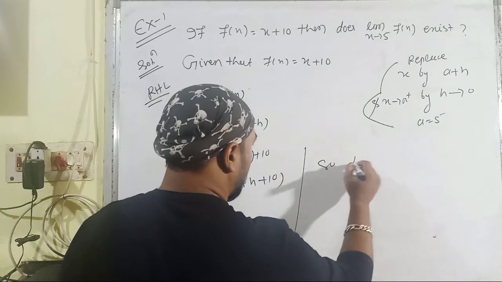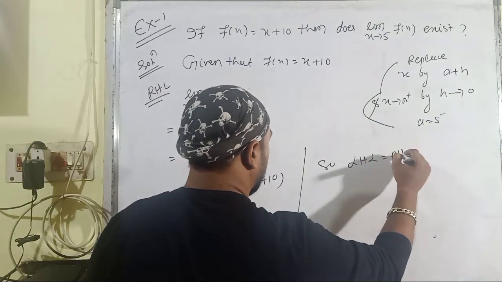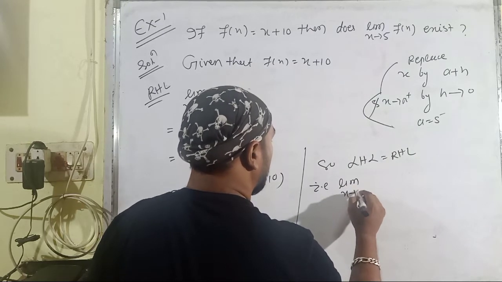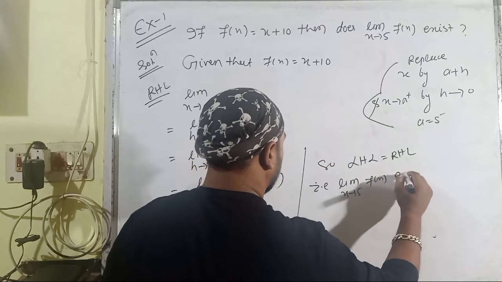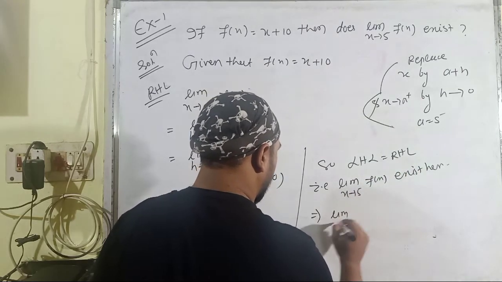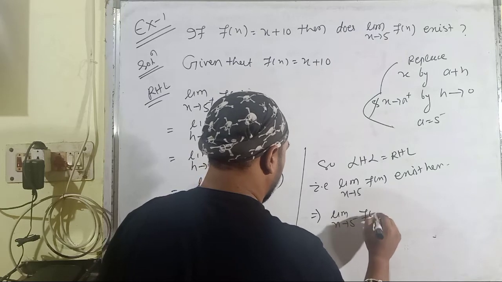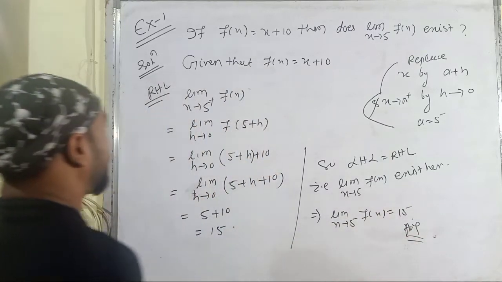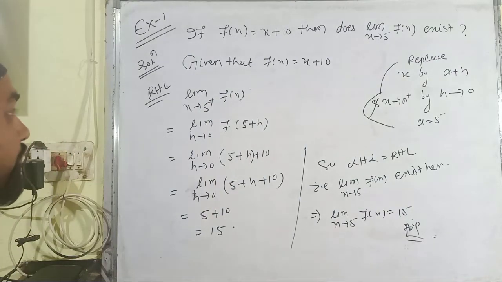So the left hand limit is equal to the right hand limit, that is, limit x tends to 5 f of x exists here, and that implies limit x tends to 5 f of x is equal to 15, and this is the complete answer for problem number 1.